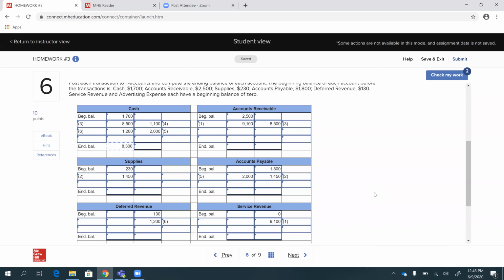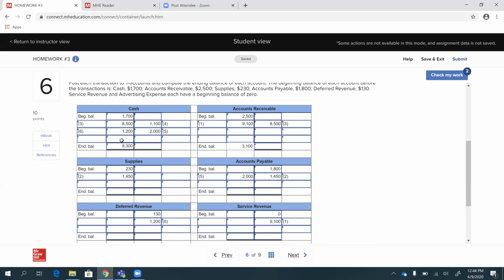Now, accounts receivable. Accounts receivable, we have a debit of $2,500 and a credit, and another debit of $9,100. So we have debits totaling $11,600. We only have one credit in the amount of $8,500. So subtract the $8,500 to get an ending balance of a debit of $3,100.